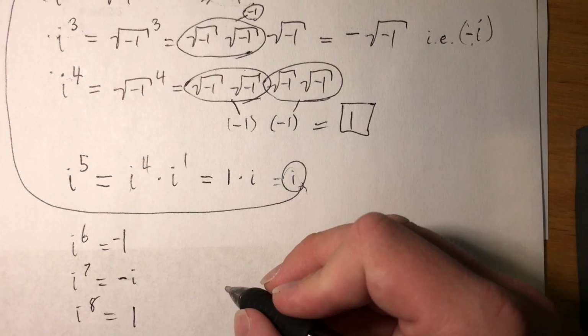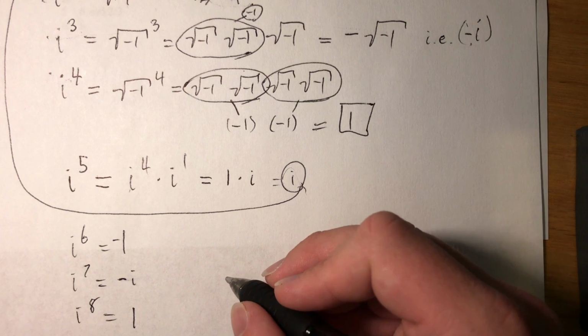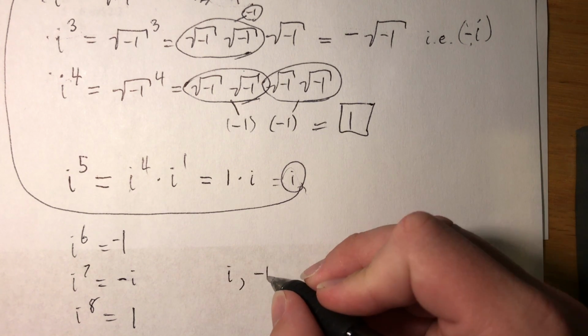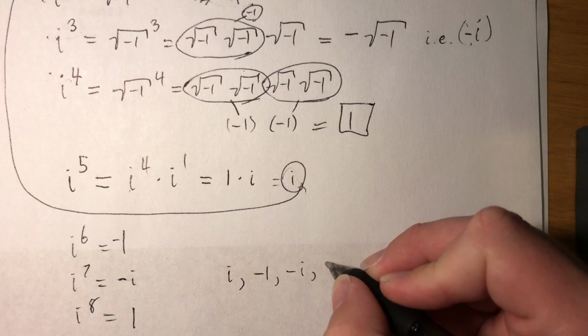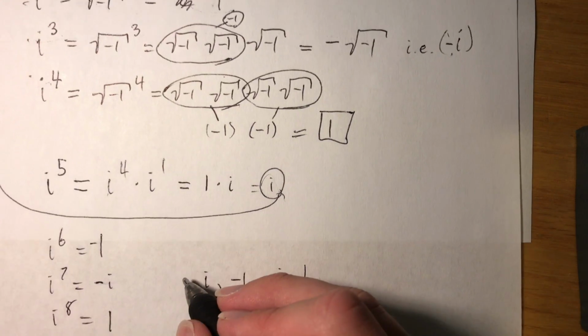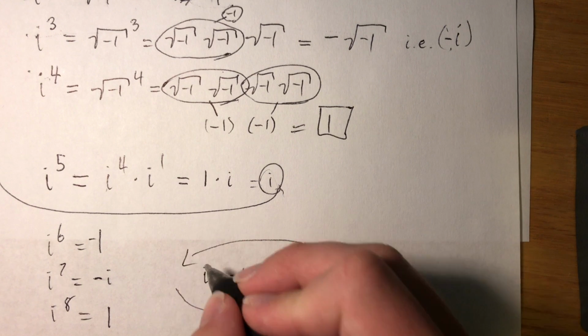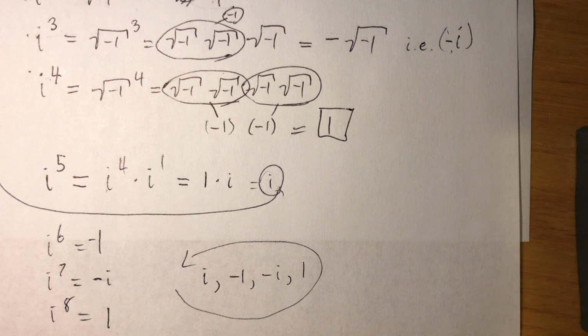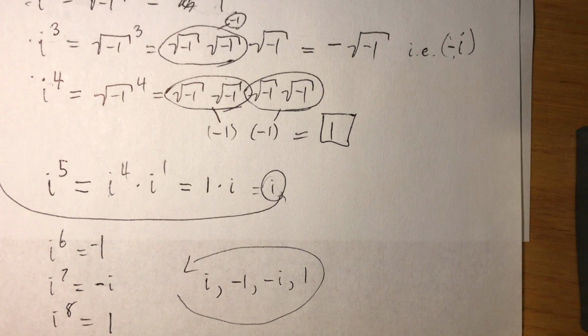So imaginary numbers, interestingly enough, repeat through the sequence of i, -1, -i, 1. And they just go around in a circle like that as your exponent increases, which is just something interesting to know and could possibly show up on the ACT.